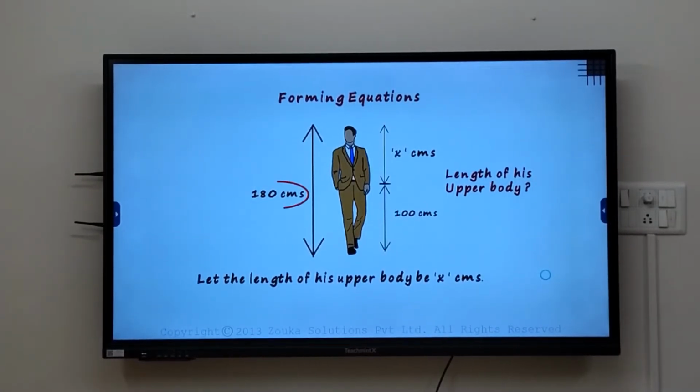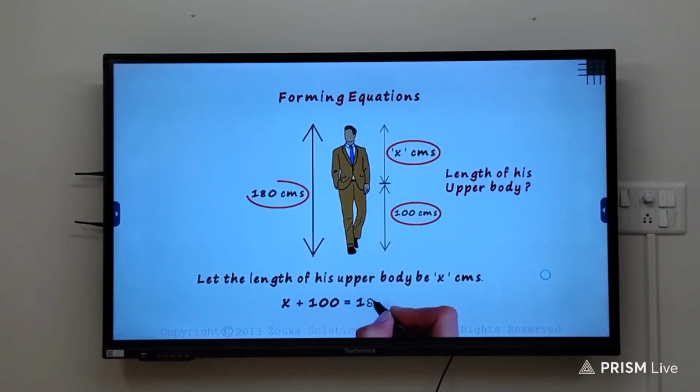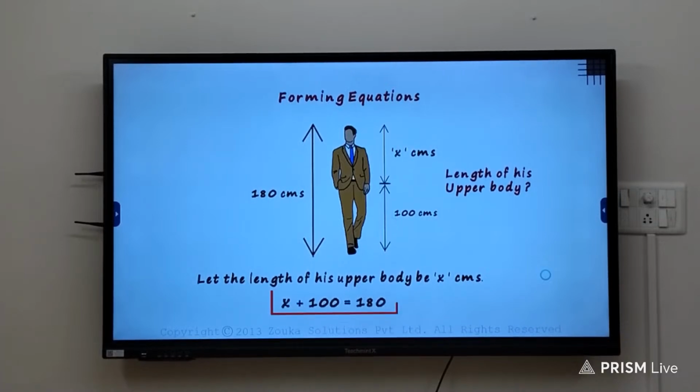It is obvious that his total height will be the sum of the length of his lower body plus the length of his upper body. The sum of the length of his upper body and lower body is x plus 100. And the total height we know is 180 centimeters. Hence we write the equation as x plus 100 equals 180.